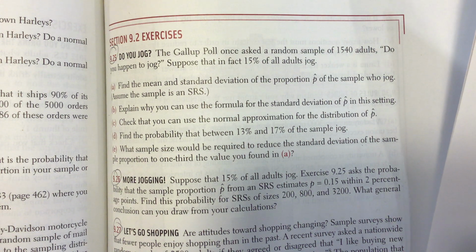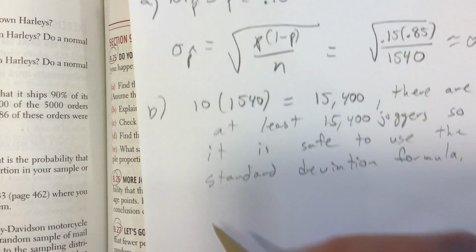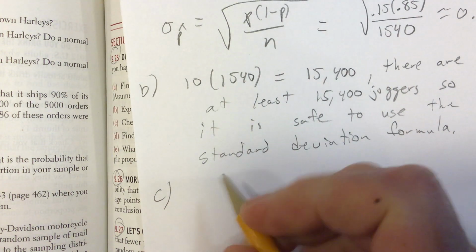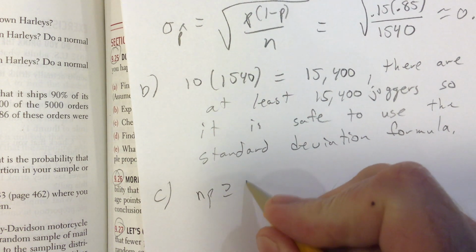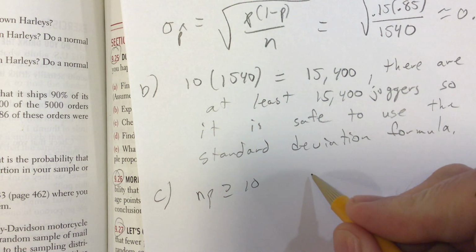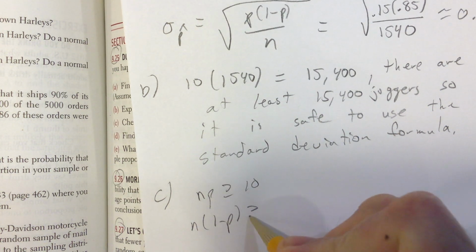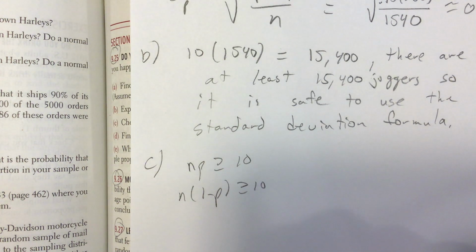All right, letter C, check that you can use the normal approximation. Okay, this goes back to chapter 8, remember? N times p, is that at least 10? And is n times the complement at least 10, right? If we fulfill these, then we have something that's approximately normal.